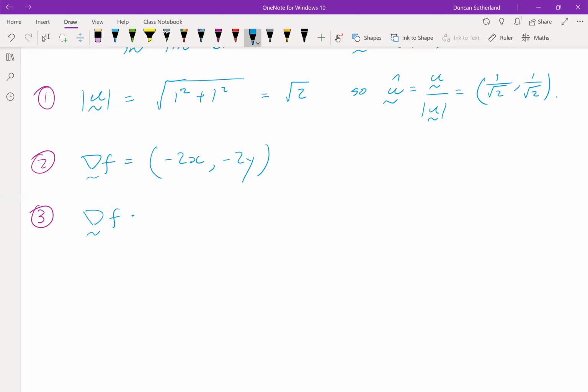So when we dot something together, that means we take this component, we multiply it by this component, we multiply the x components together, we multiply the y components together, and we add them up.